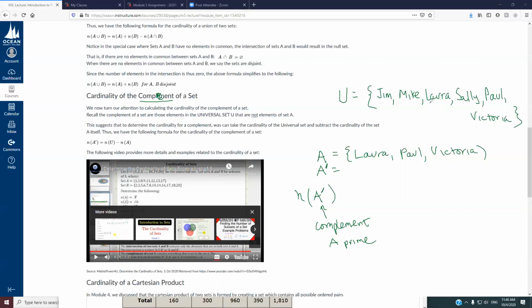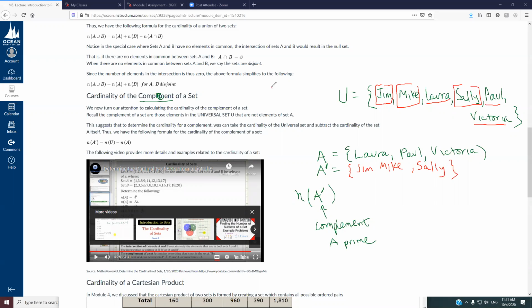I know Laura is in set A, Paul is in set A, and Victoria is in set A. So these other remaining students are not in set A, so I'm going to put them in set A prime, the complement. So the complement is Jim, Mike, and Sally. You can see the relationship here.